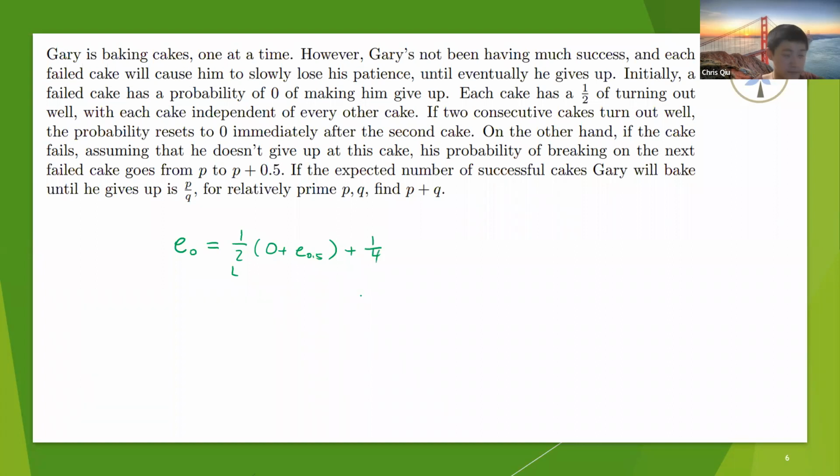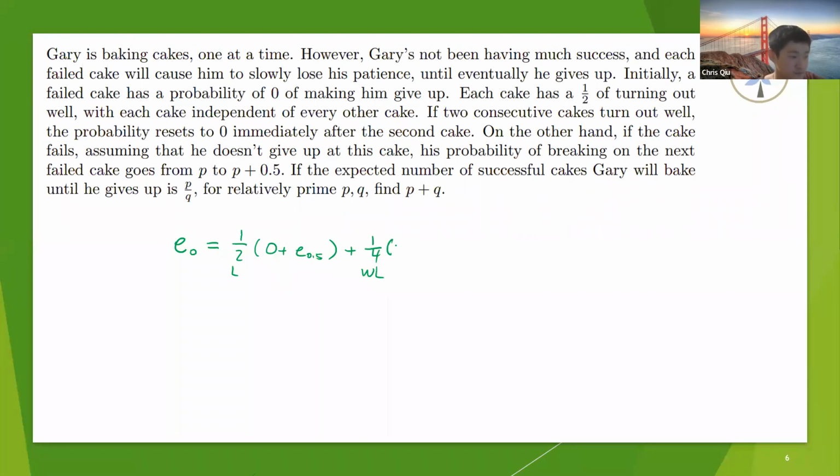And we have 2 more cases. The second case is if he first succeeds on making a cake and then fails on making a cake. And so in this case, his probability doesn't reset to 0 since he didn't get 2 successful cakes in a row, but his probability actually increases by 0.5 because he failed on the second cake.